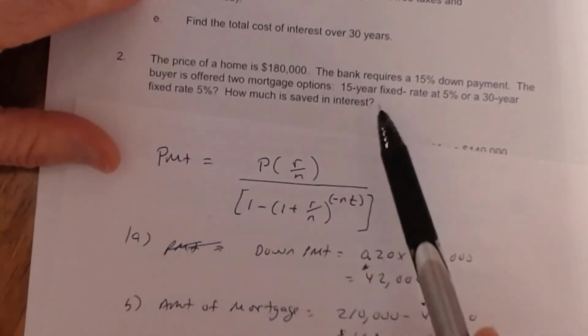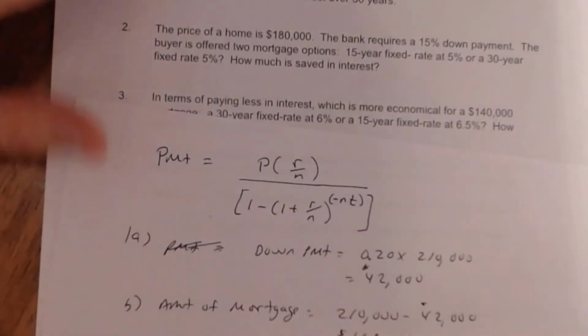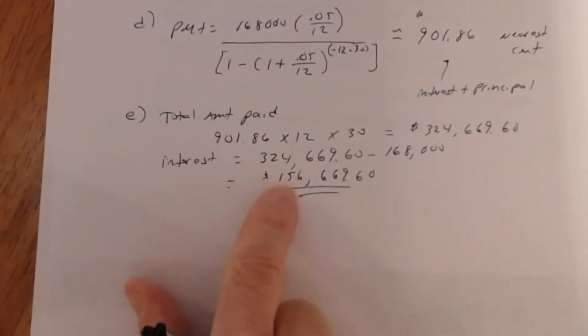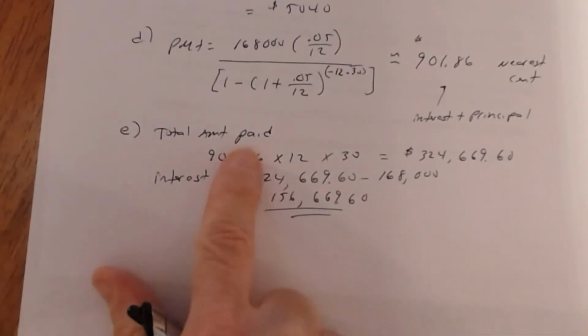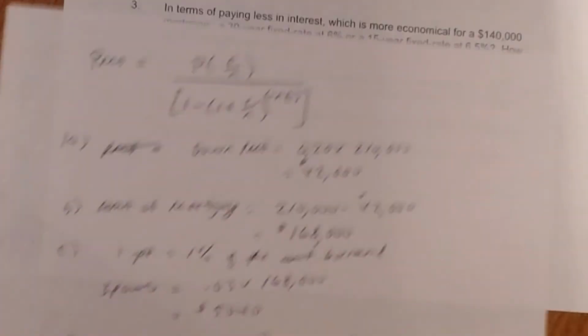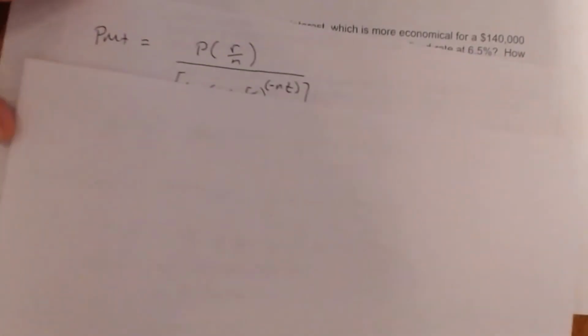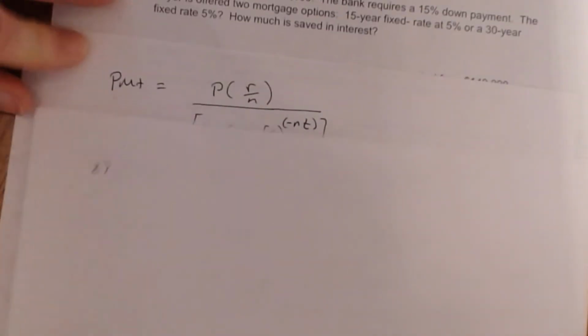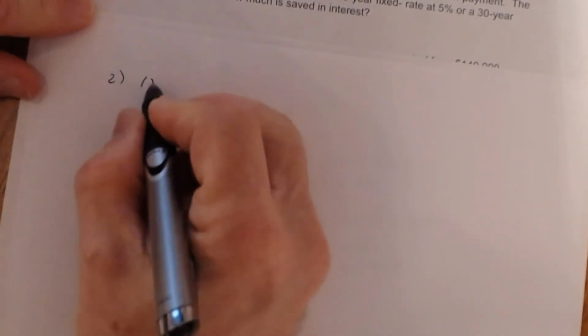Okay, so let's look at each one. So number 2. Remember, you want to find the interest. So the first thing you have to do, just like we did before, is find out your monthly payment. So let's look at the 15-year loan.